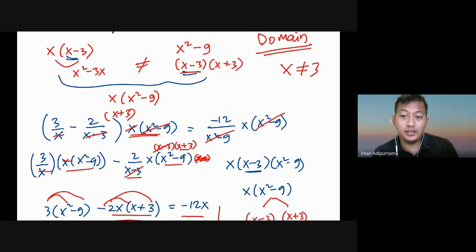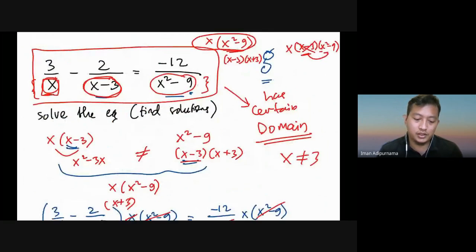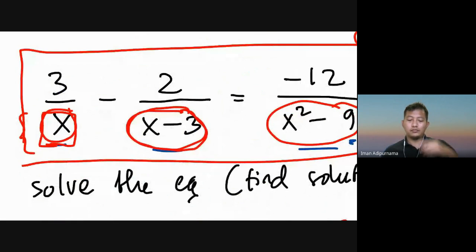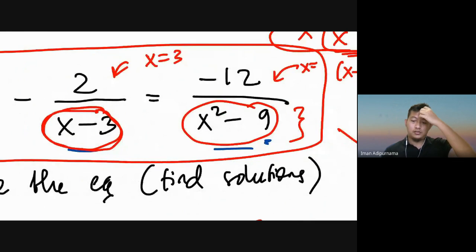Okay, Jordan, why we only take minus 9? Can you put x equal 3 into the equation here? Yes. That's why, Jordan.